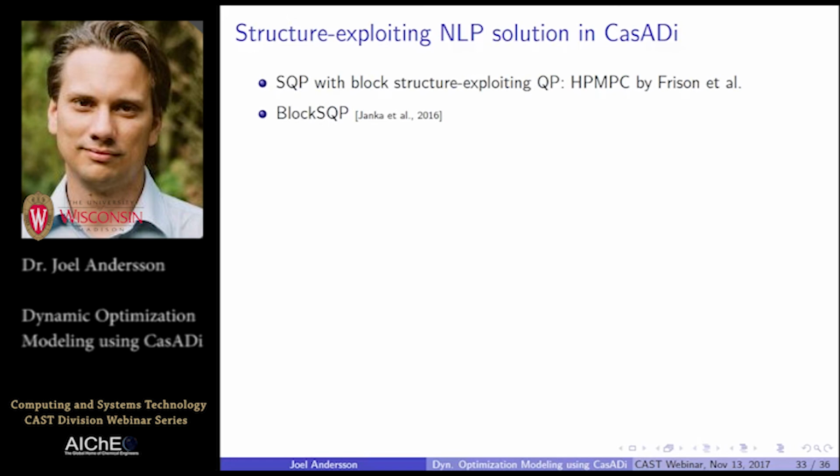Another code is block SQP, and CasADi contains a fork of this code, again where all the block structures are automatically detected by CasADi and then passed on to the solver.